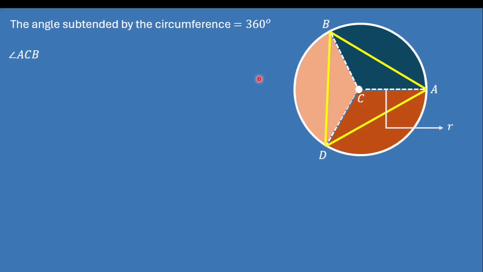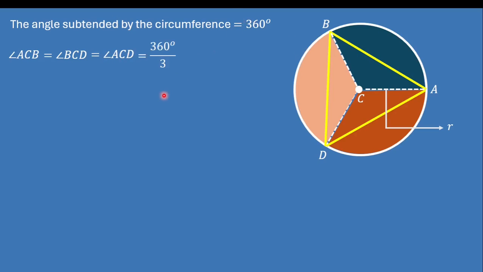That is, the angle ACB is equal to the angle BCD is equal to angle ACD. So we can write that ACB equals BCD equals angle ACD, and each of them is 1/3 of the 360 degrees.